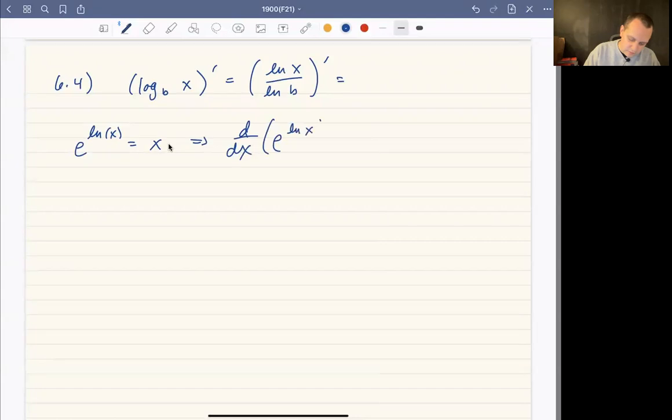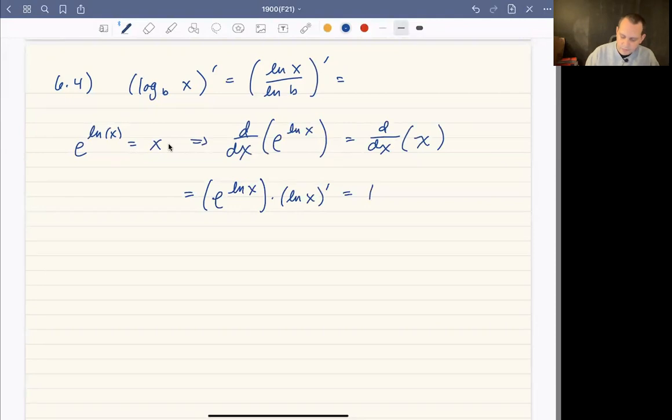We're taking the derivative of both sides. The derivative of the left side is going to be itself times the derivative of the exponent, and that's what we're looking for. So this is itself times the derivative of the natural log of x, the derivative of x just being 1.